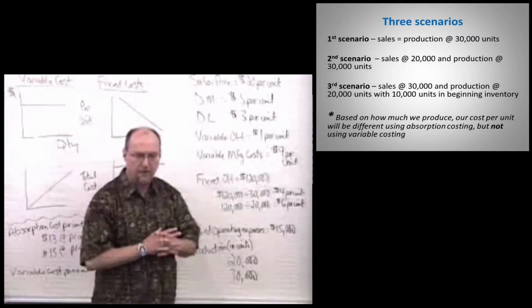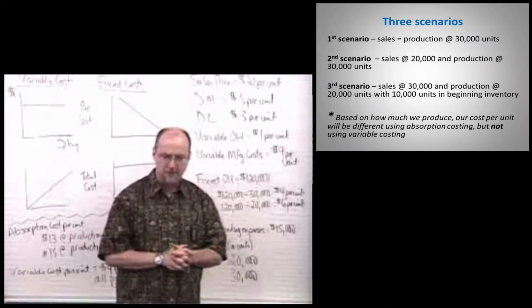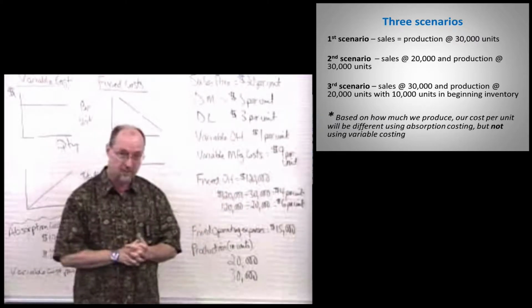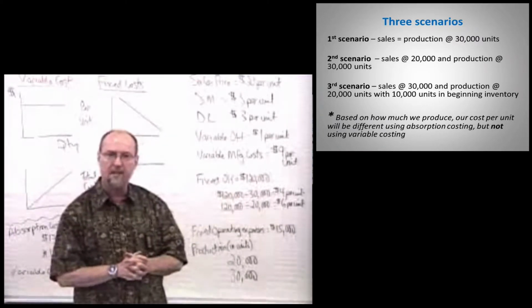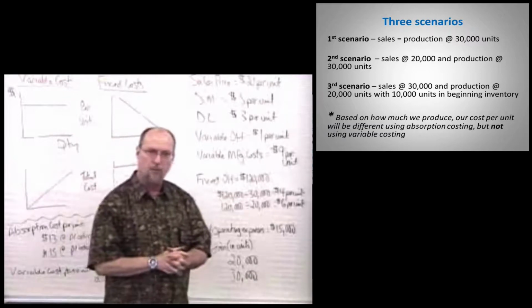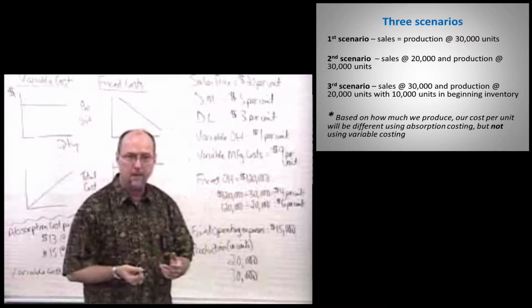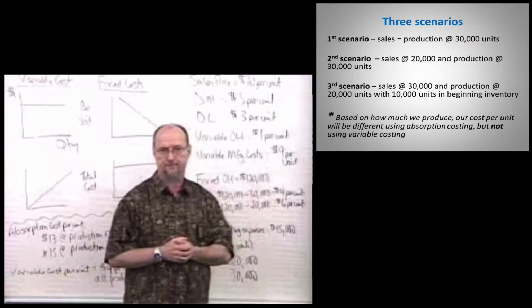Okay, now we're going to look at 3 scenarios. Let's look at these together. In the first scenario, the number of units that we sell, or sales, will be the same as the number of units that we produce, and that'll be 30,000 units. Whatever our product is, chairs, computer monitors, coffee mugs, we're going to produce 30,000, we're going to sell 30,000.